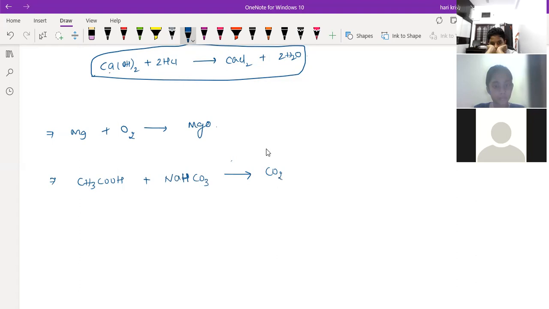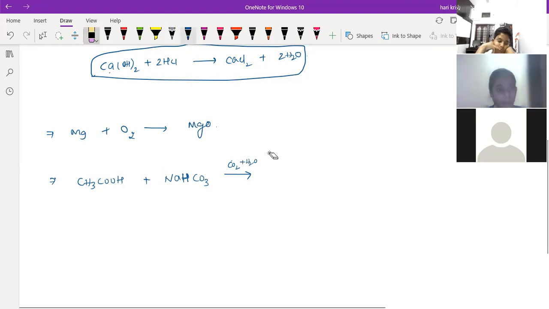CO2 here, so there is an up arrow sign, sir. It shows carbon. So plus H2O, plus CH3COONa.